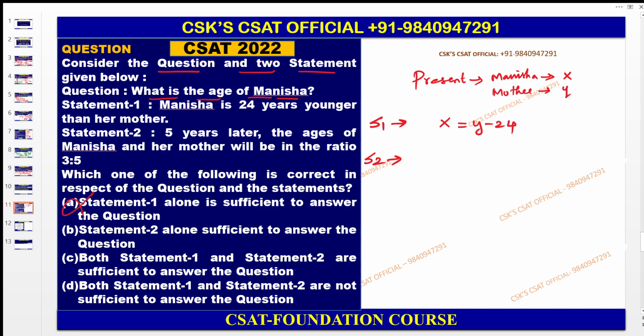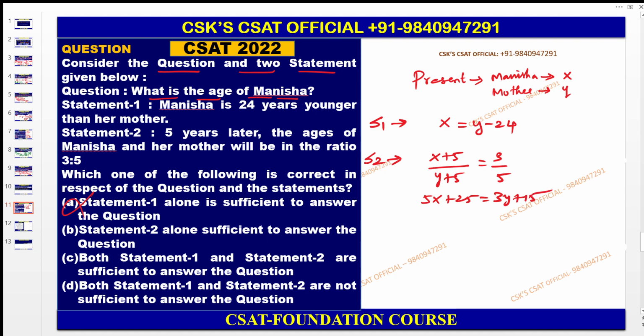Let us take statement number 2. 5 years later means X plus 5, then automatically it becomes Y plus 5. The ratio becomes 3:5. With this also you can't say anything, because you can just make another equation by cross multiplying: 5x plus 25 is equal to 3y plus 15.